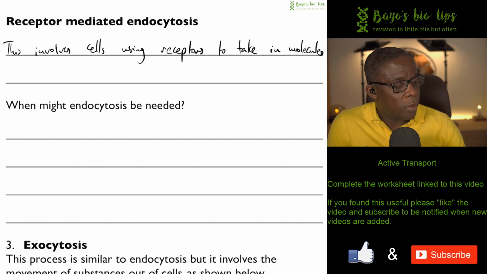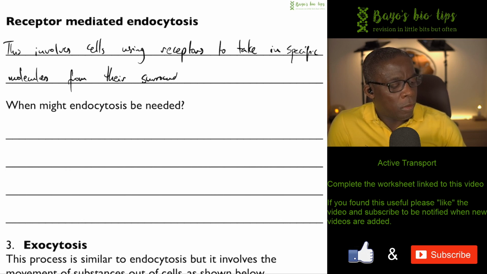Well, actually, let's make that specific: molecules from their surroundings, e.g. extracellular tissue or extracellular fluid.